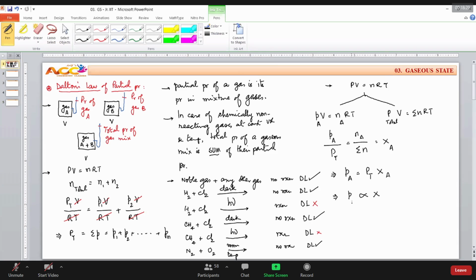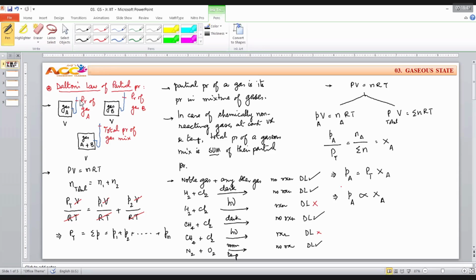Therefore, listen carefully, partial pressure of a component of gas is directly proportional to its mole fraction. Yes, we got a conclusion from Dalton's law that partial pressure of a gas in a mixture of gases is proportional to its mole fraction.